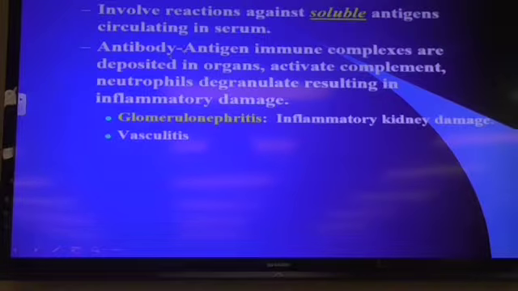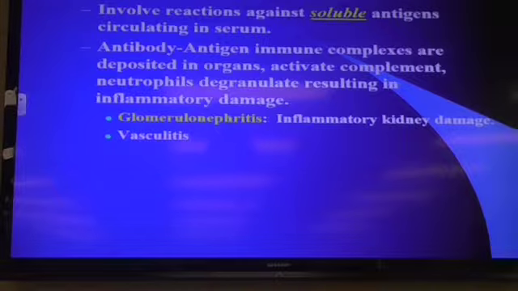Here you are seeing antibody-antigen complexes getting deposited in organs, activating complement, and neutrophils degranulate, resulting in inflammation. Sometimes the immune complexes are deposited in the basement membrane of the kidney and cause glomerulonephritis.